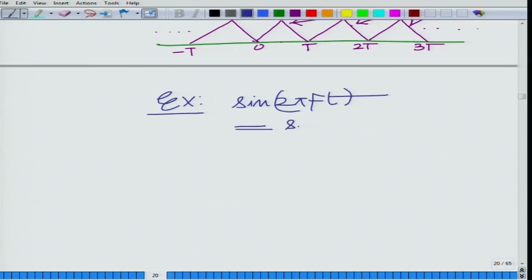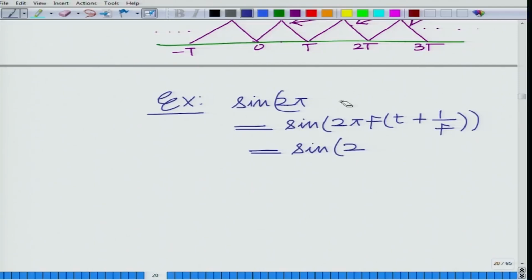You can see that this is equal to sine 2 pi f t, where the period is going to be 1 over f, correct? Let us just make it sine 2 pi t.